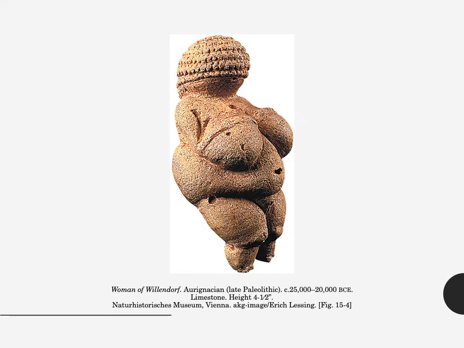Look at the next picture that we have. This is the Venus of Willendorf. I know that you see the title Woman of Willendorf, but mostly we know it as the Venus of Willendorf.